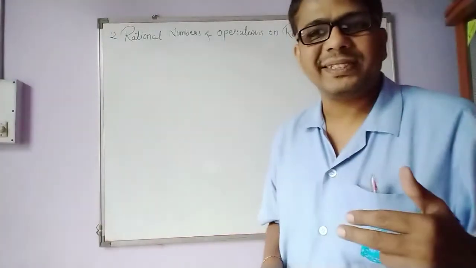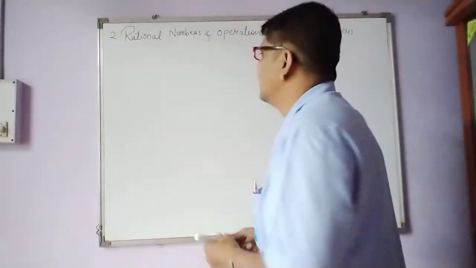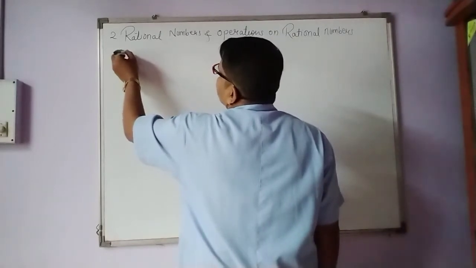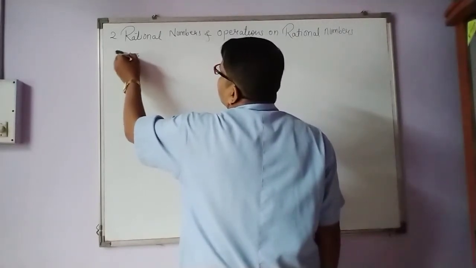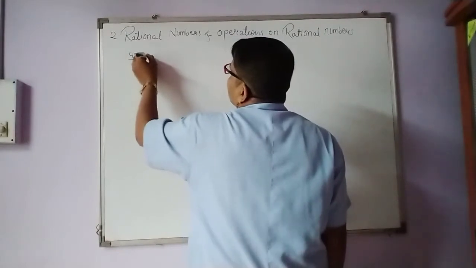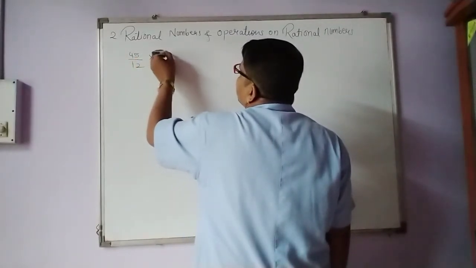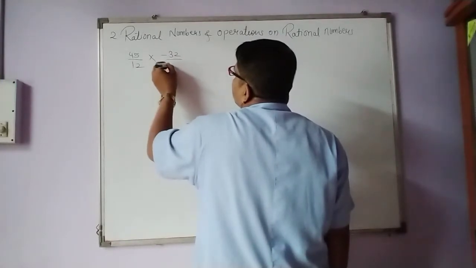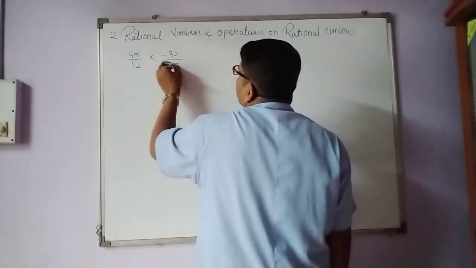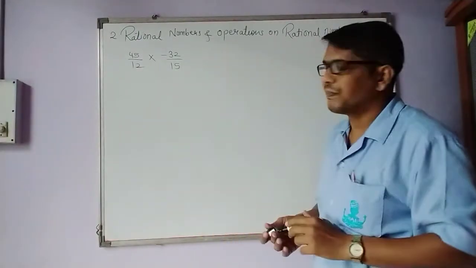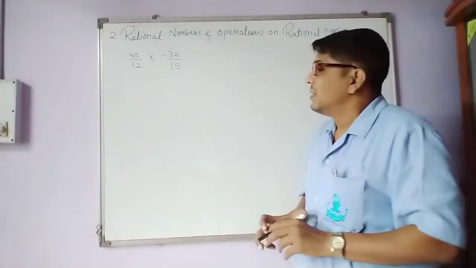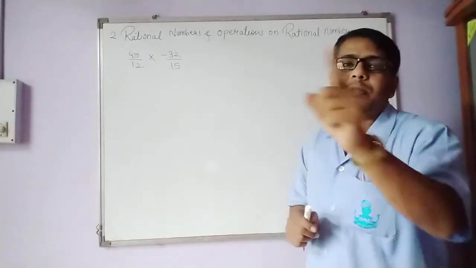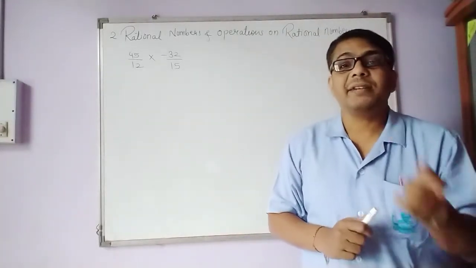After addition and subtraction, multiplication. When you are multiplying, if they are cancelable, reducible, first reduce them and then proceed further.